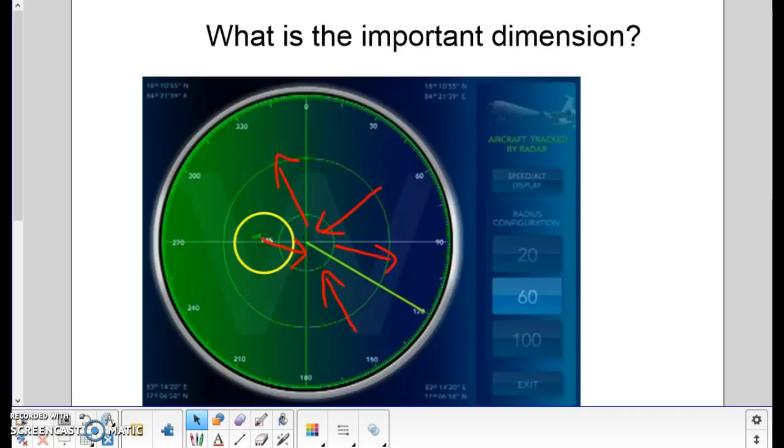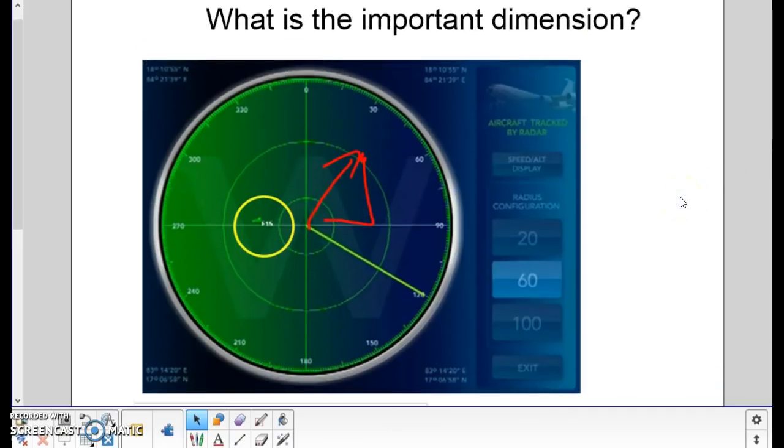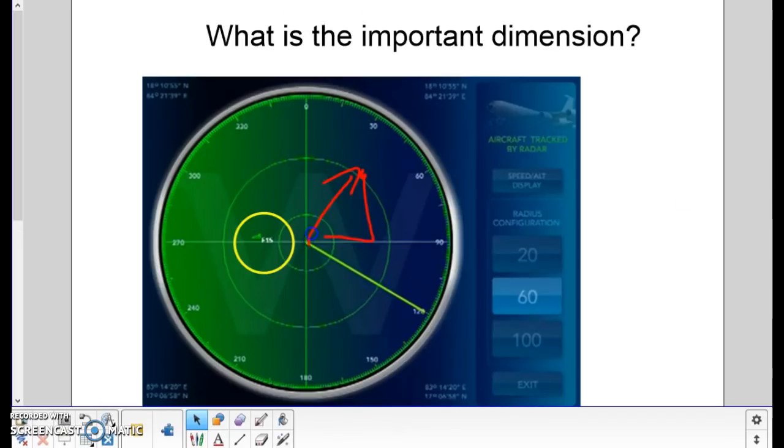So they don't care so much about an x and a y coordinate. What they really care about is the distance from the airport. How far away is that plane? That's what we're talking about when we're talking about polar coordinates, because it gives you a distance from the center point.